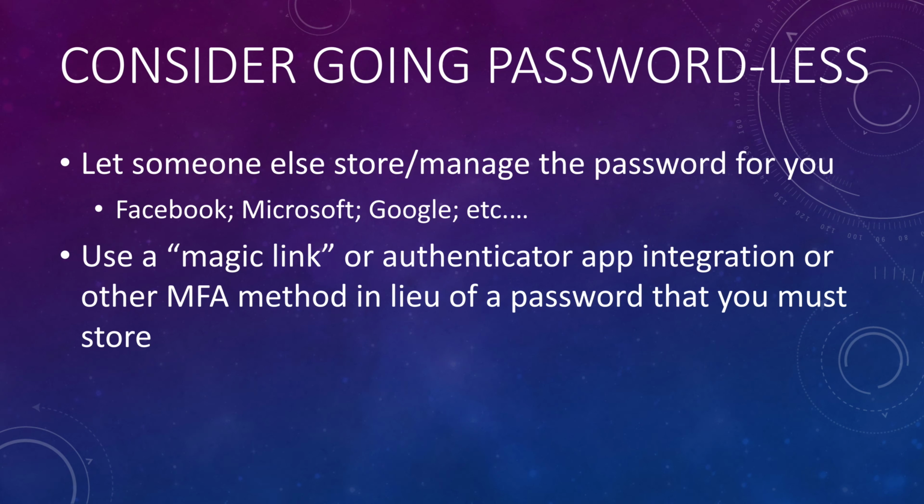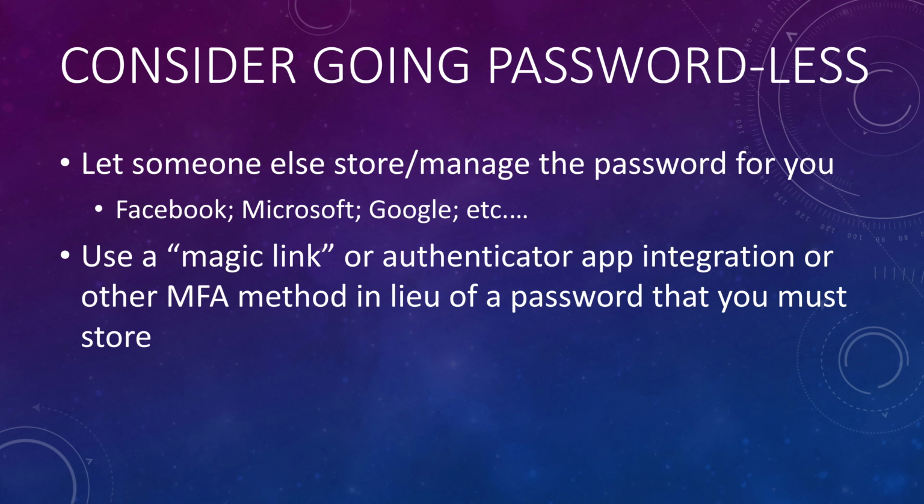Let me talk about those for a second. Magic link is very similar to the I-forgot-my-password page. You go to the site, type in your email address, click login, and it emails you either a magic link or a code. You click the link or type the code, and then you're in. The next time you want to log in, you do the same thing again. So there are actually no passwords stored in the system. That's one way to do that.